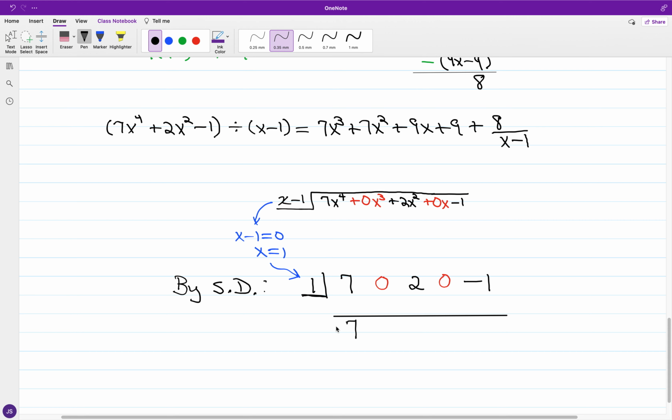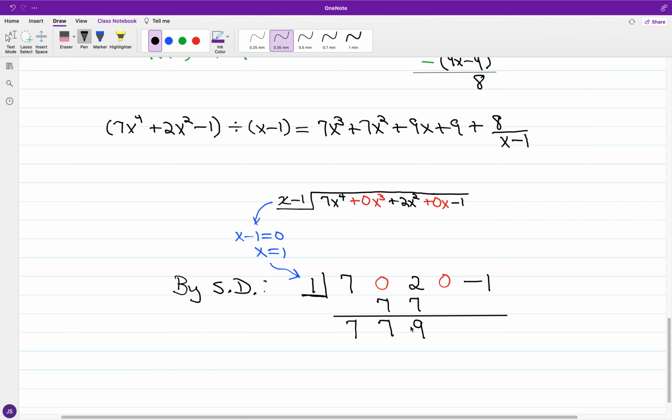After you take the product into the next column, 7 is brought down. 1 times 7 is 7. And this will be transported to the next column, where we have 0 plus 7, which is another 7. Then we have 1 times 7 is 7, and this next 7 is taken over to the third column and added to 2, whereupon 2 plus 7 is 9.